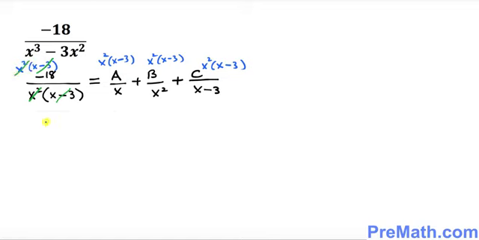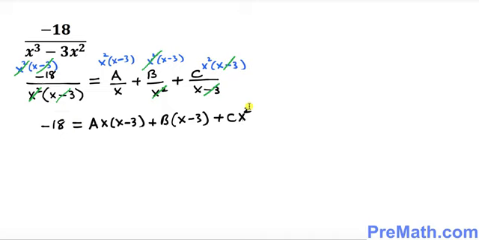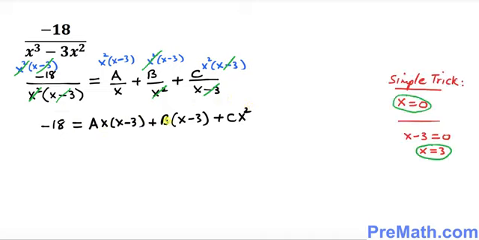So what we ended up with is negative 18 on the left-hand side, and on the right-hand side, one more thing, you can see that with this x cancels out, so we simply got A times x minus 3, and then this x squared cancels with this x squared, we got plus B times x minus 3, and then this thing cancels with this thing, so we got C times x squared. So now we're going to find the values of A, B, and C.